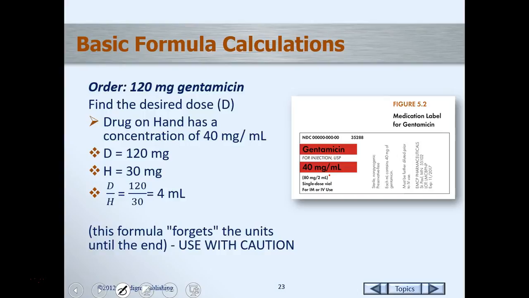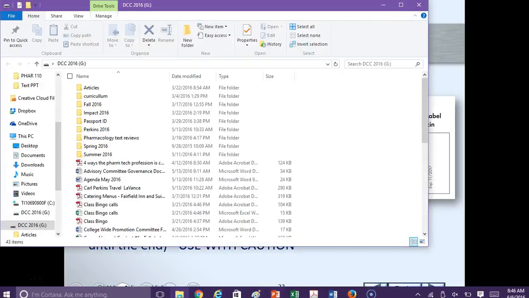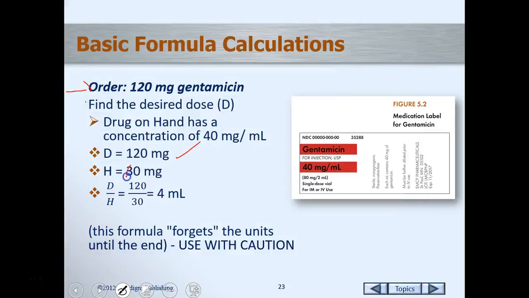So for example, if the order is for 120 milligrams, our desire is 120. What we have, that should say 40. So that should be 3 milligrams.